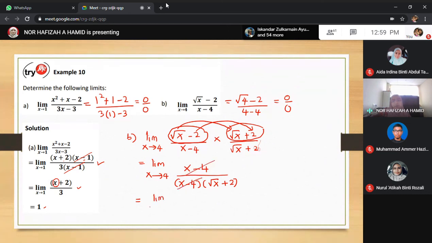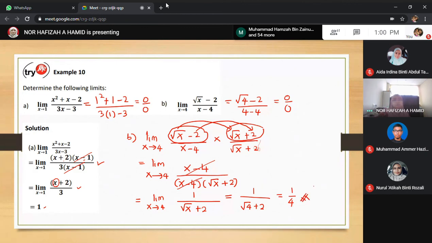Okay, so the limit as x approaches 4, you have 1 over square root of x plus 2. Okay, so after you simplify the function, you substitute x with 4. So 1 over square root of 4 plus 2. So the answer is 1 over 4.